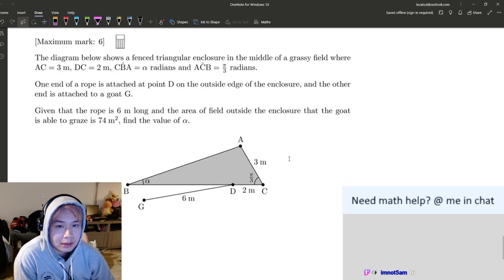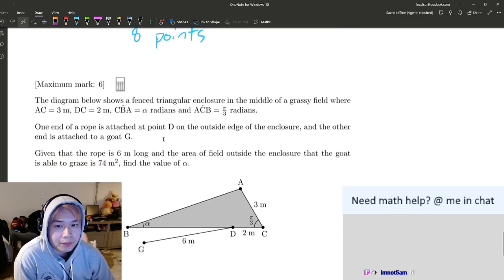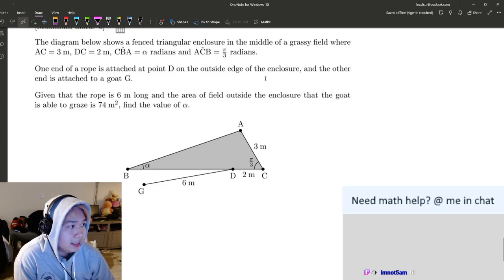Alrighty. Let's see what this is about. This does not look good. So we have a diagram as so. And then we have a rope here.